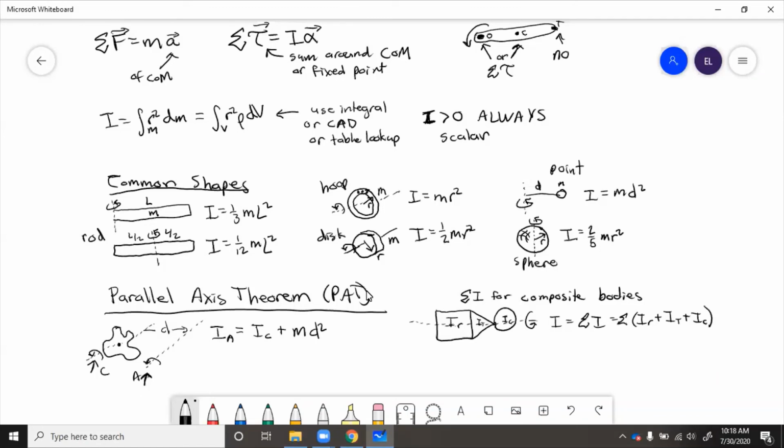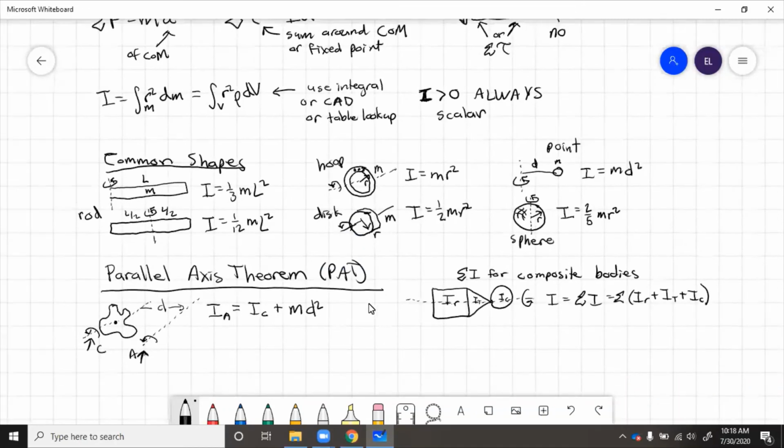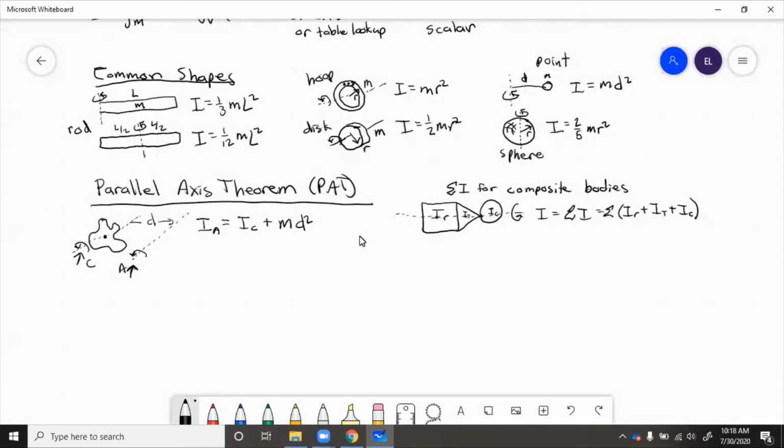And finally, radius of gyration. In the book, this is actually denoted as k, but they use a little kappa kind of symbol instead of R. This is the equivalent distance to the center of mass, or like equivalent radius of an object.